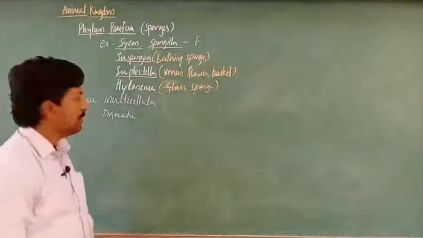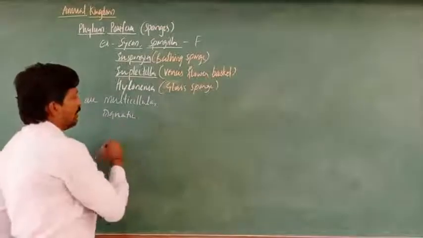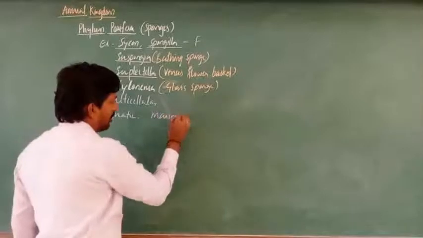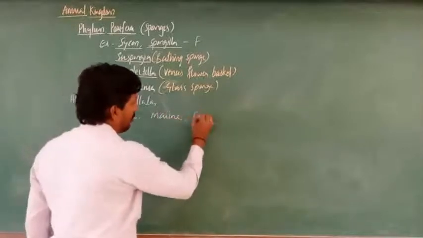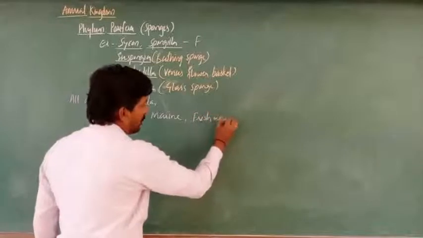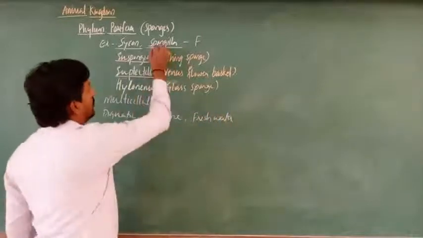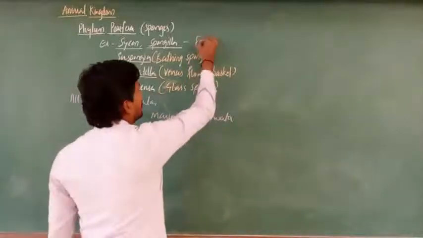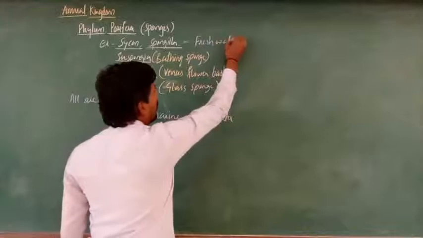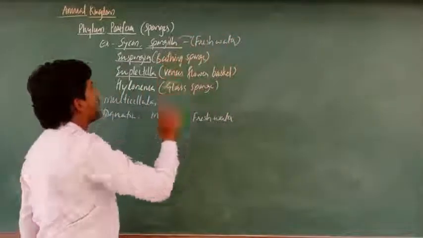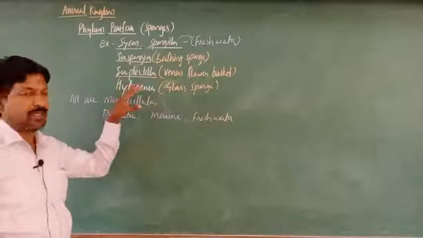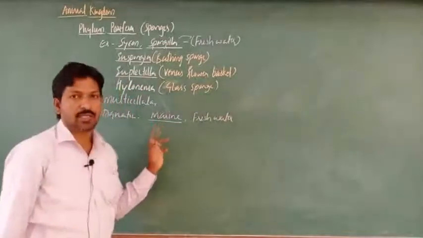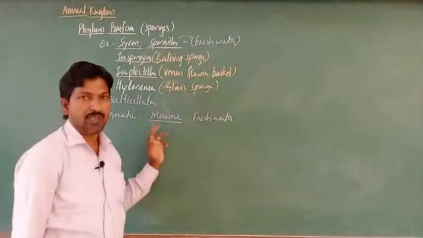They are found in water, and most of them are marine, and a few are freshwater forms. One example I have given here, Spongilla, is a freshwater form, and the remaining examples are marine. Marine means they are found in ocean or sea, in salt water.